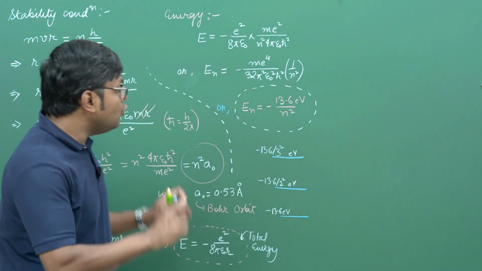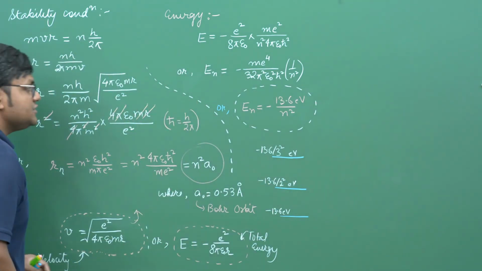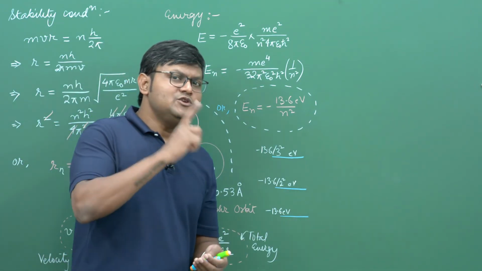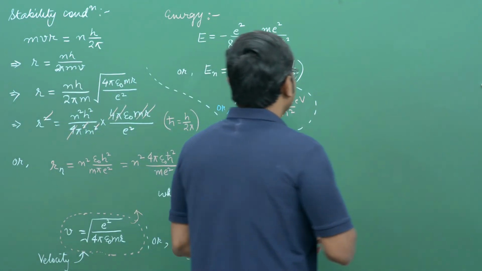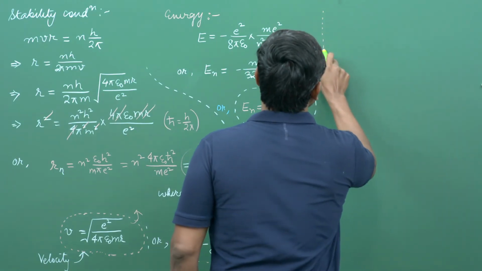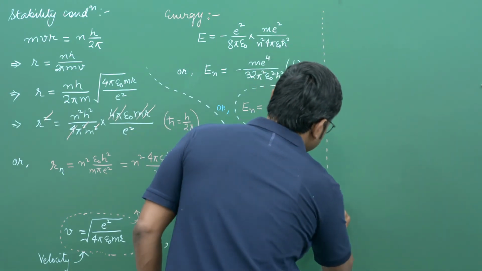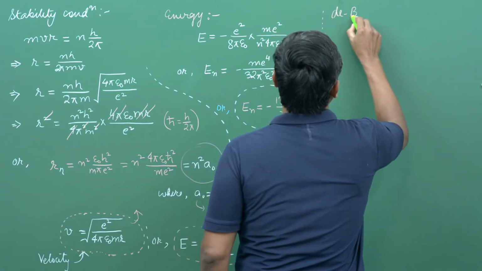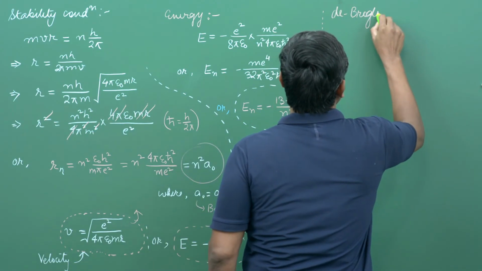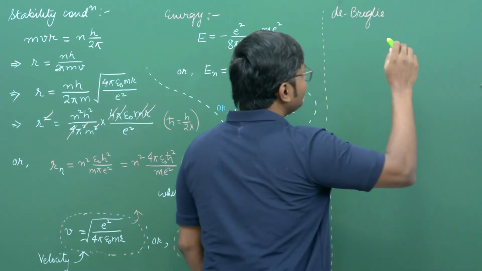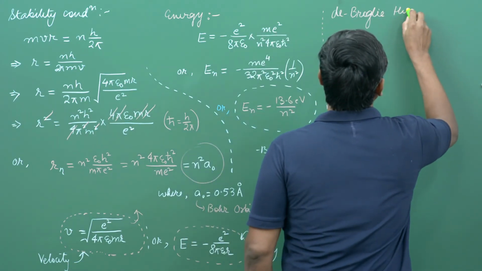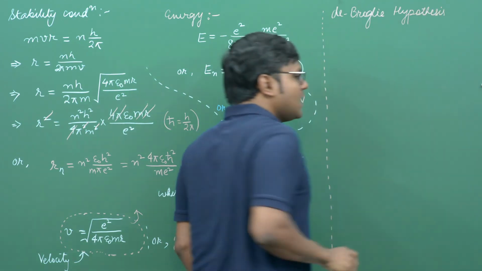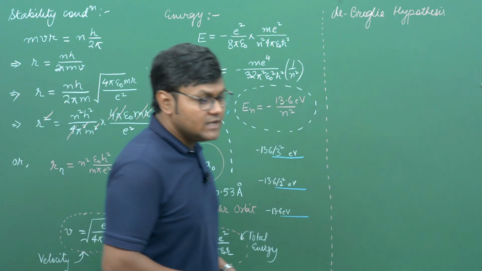Now coming to why the stability condition provided by Bohr actually works, we need to go back to our de-Broglie hypothesis. Let us do a little bit of a flashback down memory lane. In one of our previous lectures, we discussed the de-Broglie hypothesis, which arises because of wave-particle duality.